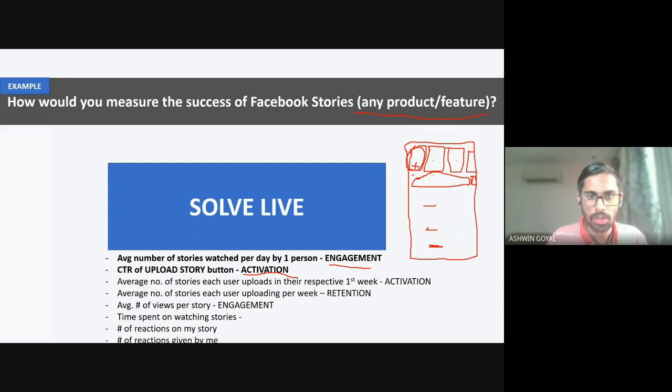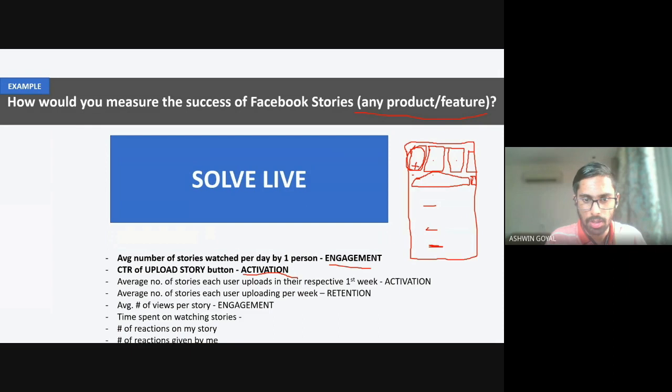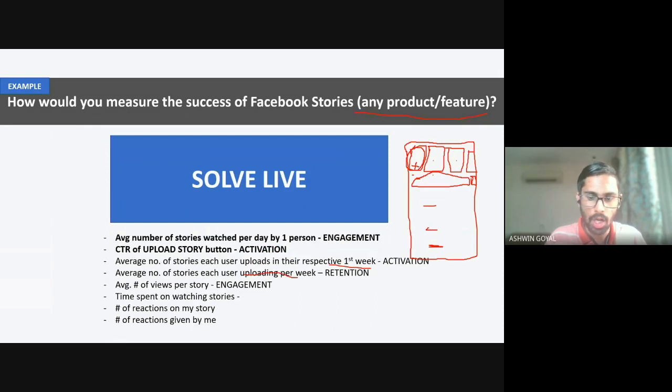What else? What would time spent tell me? Okay, there are a few questions. Number of reshares, correct. Yes. Number of reshares would definitely tell me how many people are interacting. So that is also engagement.